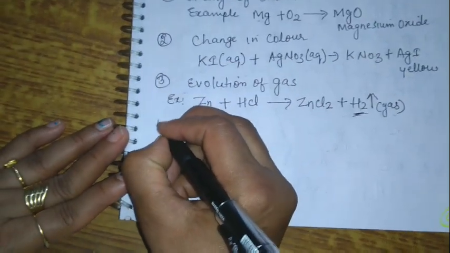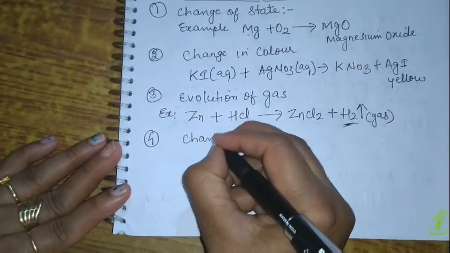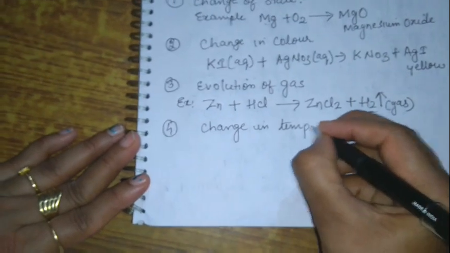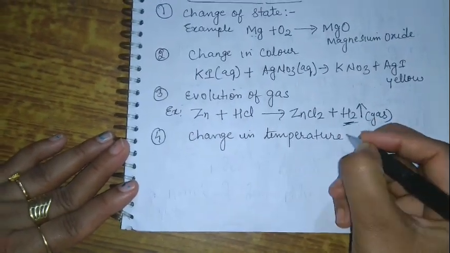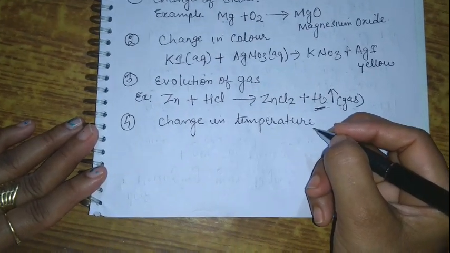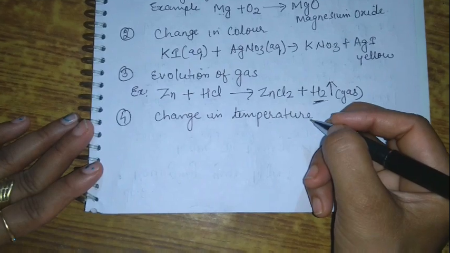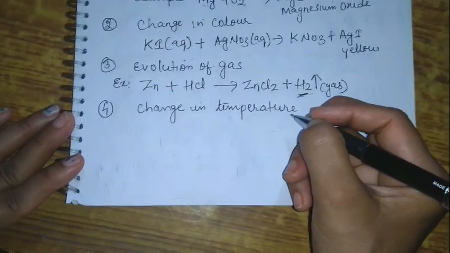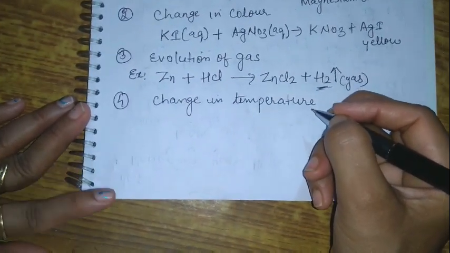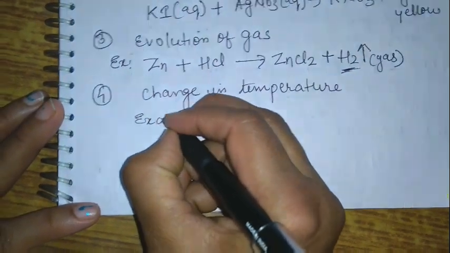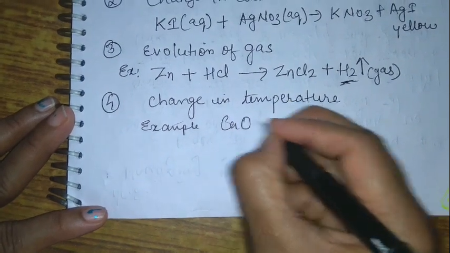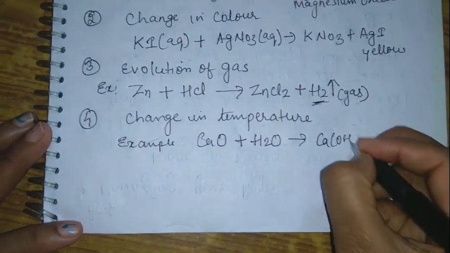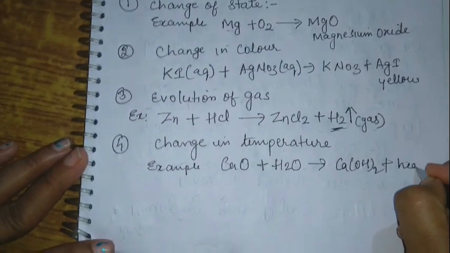Now number 4, change in temperature. अगर कोई रिएक्शन ऐसा है जिसमें टेम्परेचर कम होता है या टेम्परेचर ज़्यादा होता है, सच टाइप ऑफ रिएक्शंस इज नोन एज केमिकल रिएक्शन. ये रिएक्शंस भी दो टाइप के होते हैं, एक्सोथर्मिक एंड एंडोथर्मिक. नाउ एक्सोथर्मिक मीन्स व्हाट? फॉर एग्जांपल, कैल्शियम ऑक्साइड जब वाटर से रिएक्ट करता है तो ये फॉर्म करता है calcium hydroxide plus it gets heated up, heat is given out.